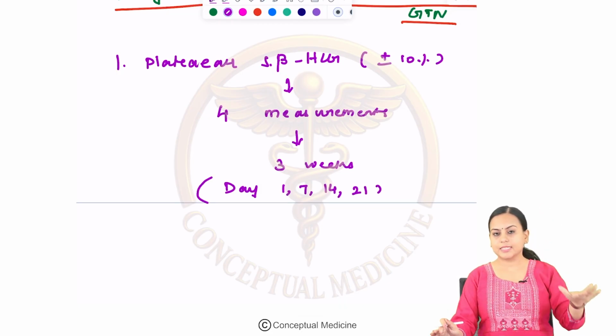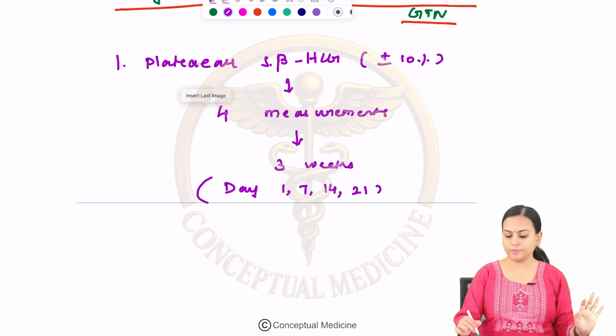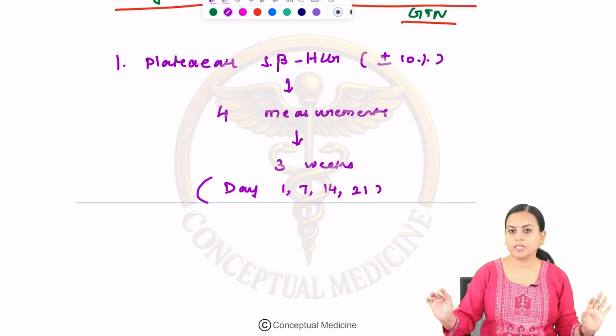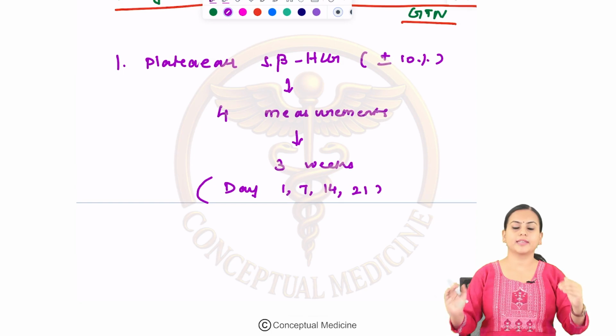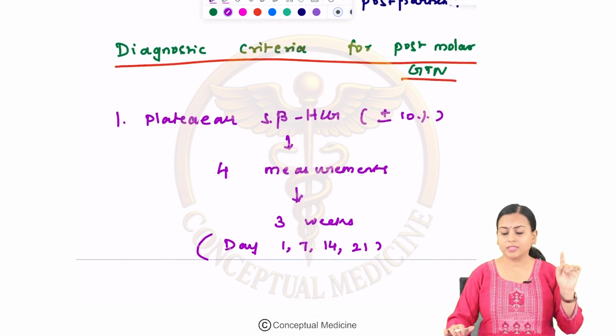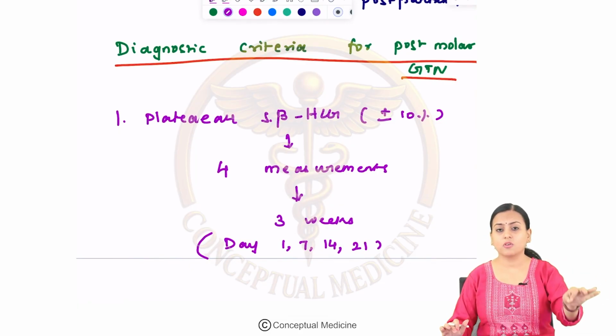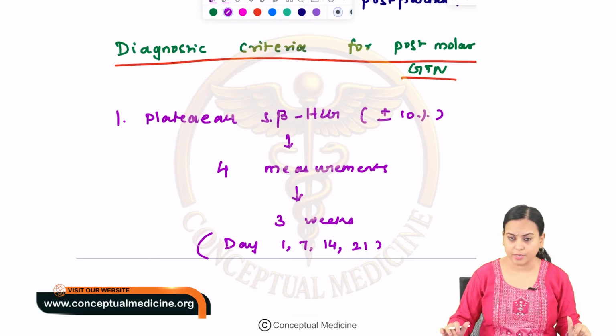In this period, when you have taken 4 measurements of serum β-hCG and still you see that the serum β-hCG has risen or fallen by only 10% or it is maintaining within the same range, then you have to think that there is a chance of development of post-molar gestational trophoblastic neoplasia.